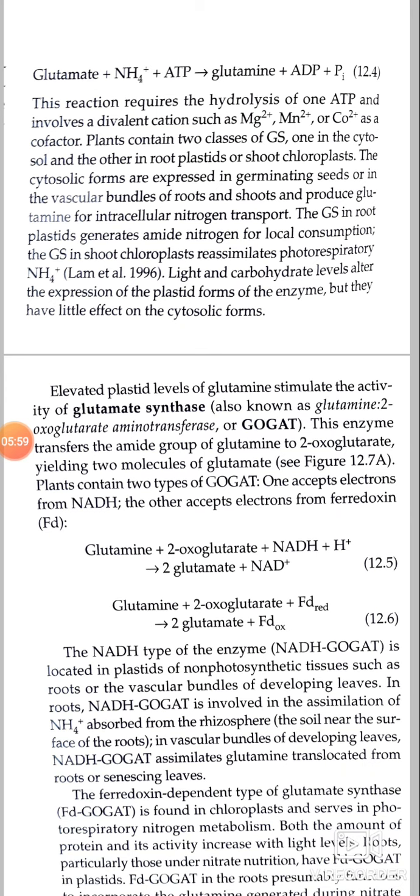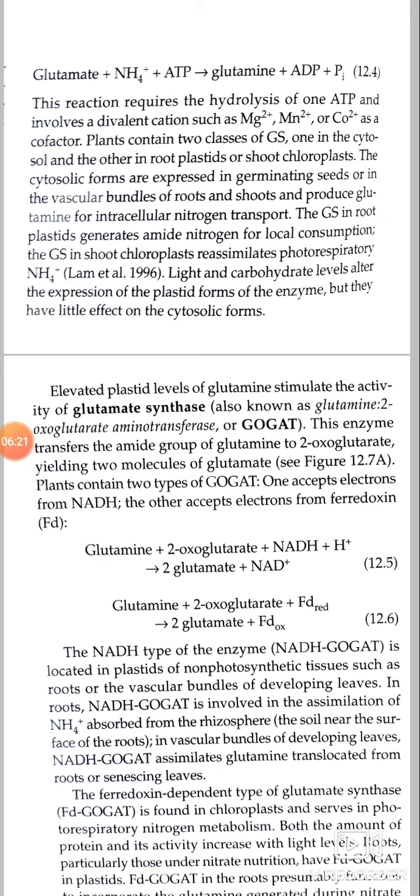The soil near the surface of the root is also called rhizosphere. In vascular bundles of developing leaves, NADH GOGAT assimilates glutamine translocated from roots or senescing leaves.